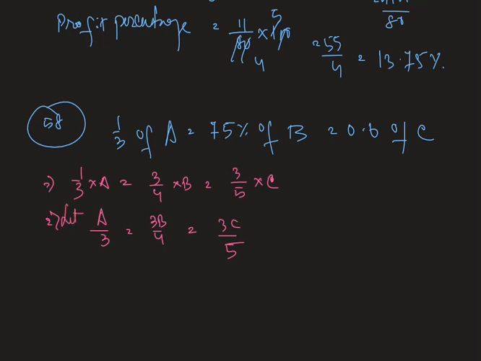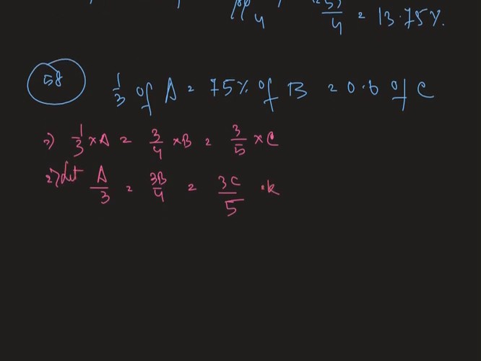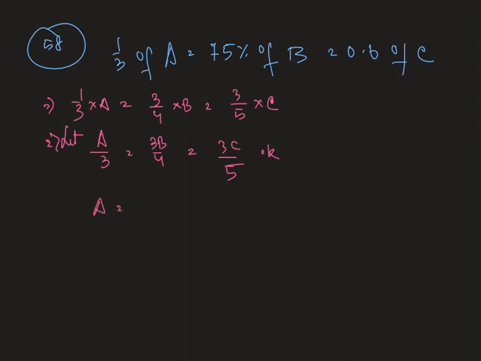Now let this be equal to K. Therefore we get A equals 3K, B equals 4K by 3, and C equals 5K divided by 3.